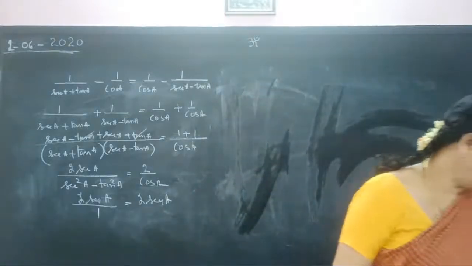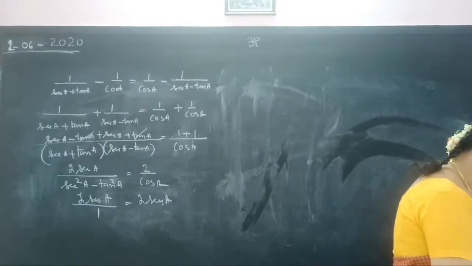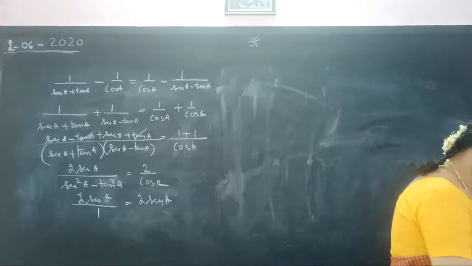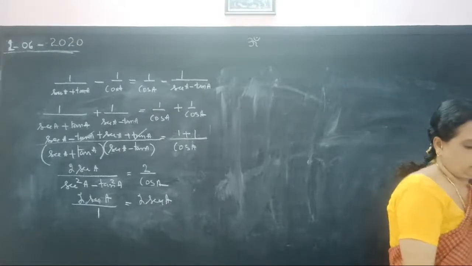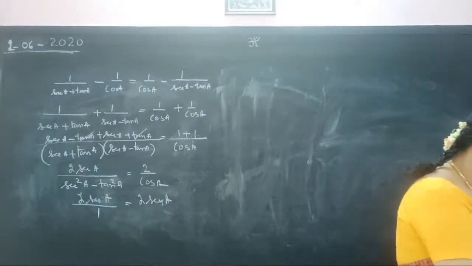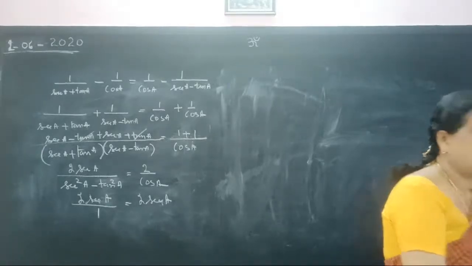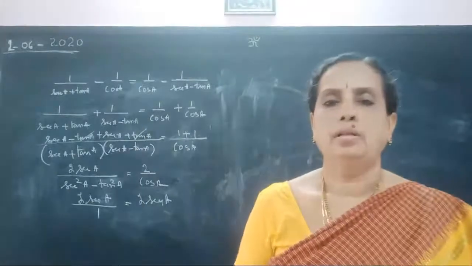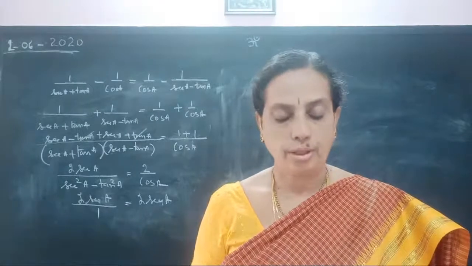Next. Two secant A equals 2 secant A. Next question.